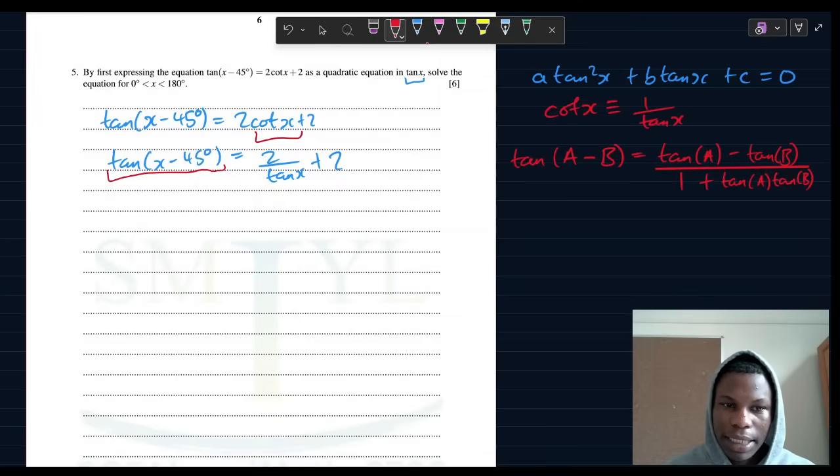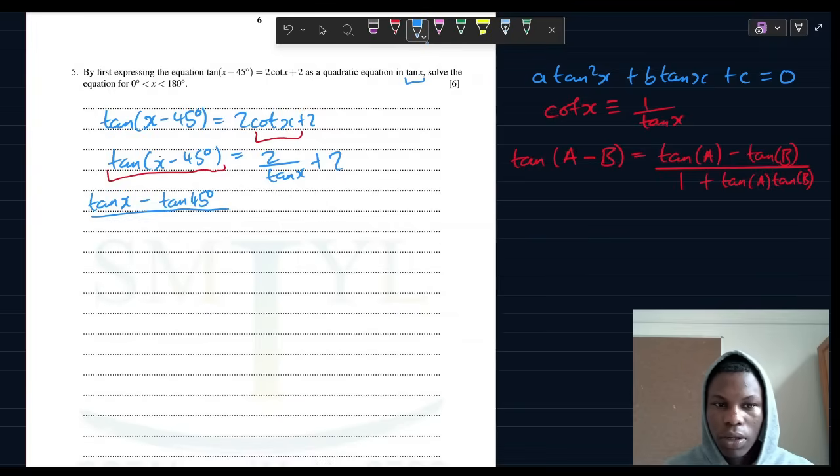So in our case, our A becomes the x and our B becomes the 45 degrees. And you just substitute. So that becomes tan x minus tan 45 degrees, all over 1 plus tan x tan 45 degrees.